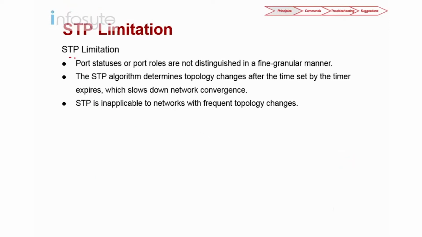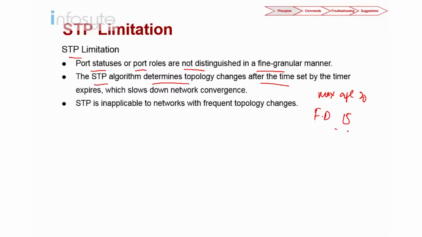If you look into STP here, port status or port roles are not distinguished in a fine-grained manner, which means that we have only a few port states. We need to have more. Second, the STP algorithm determines topology change after the time set by the timer. If you still remember from the slide just now, the forward delay as well as the max age timer: the maximum age is 20 seconds and the forward delay is 15 seconds.